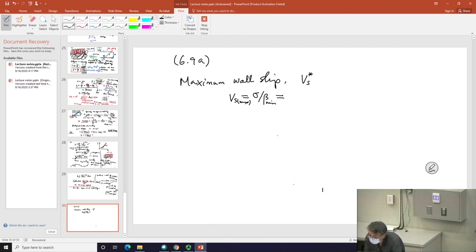And then you also wonder what stress level we are speaking at for this maximum wall slip. It turns out the stress level is around the plateau modulus level.